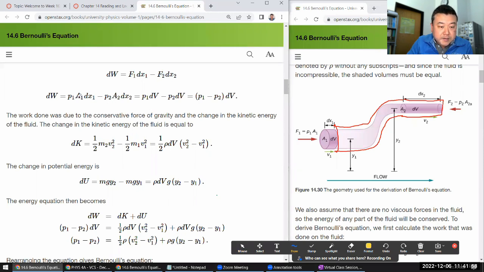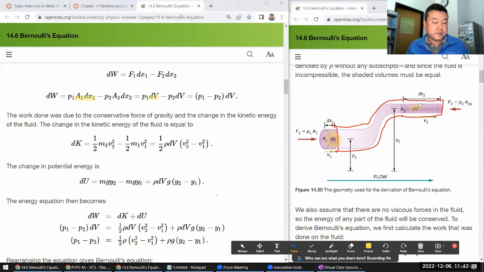They are taking this expression, cross-sectional area times the displacement, and expressing that as a volume element, dV. And as they express the volume element, they drop the subscript. Instead of dV1 and dV2, they've said dV because they've constructed the situation so that these two have the same amount of fluid.